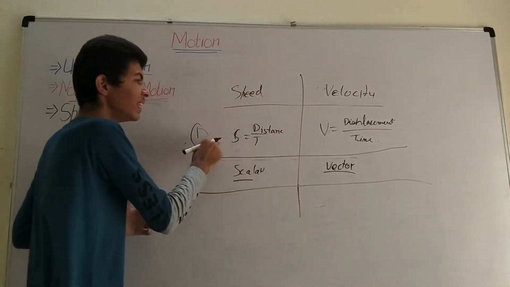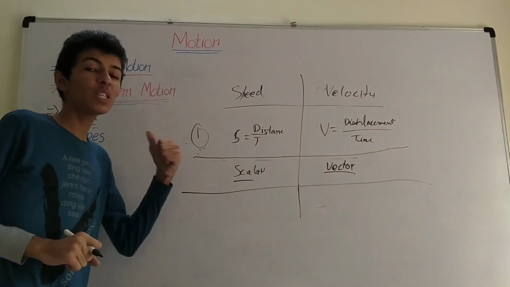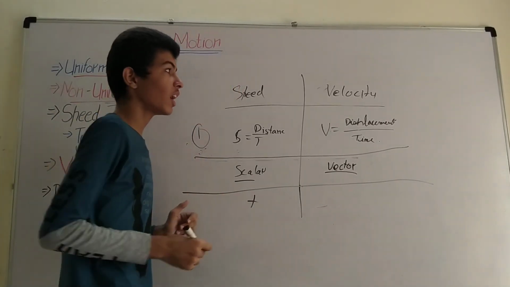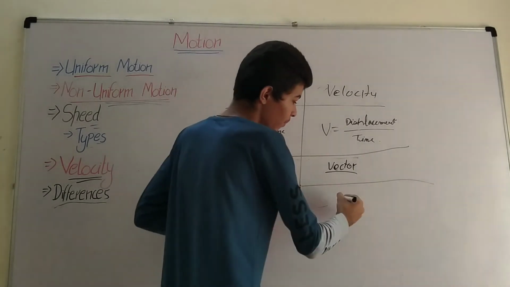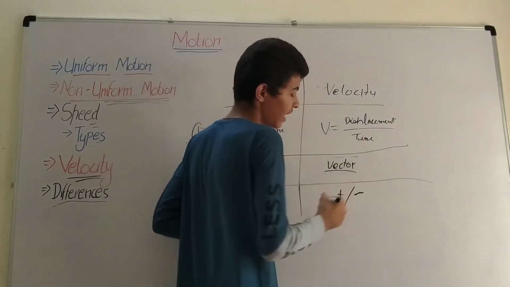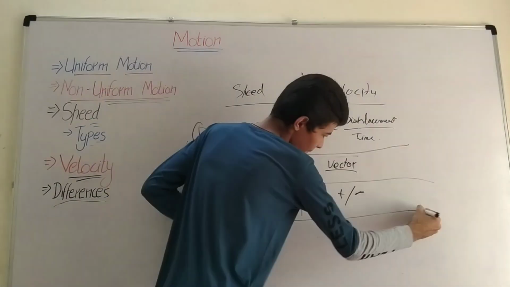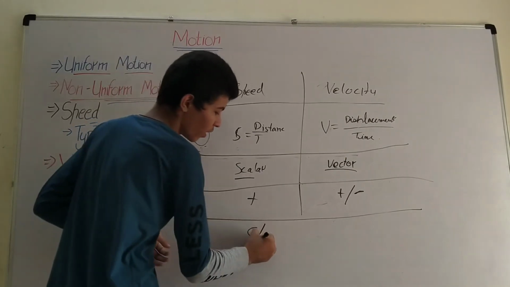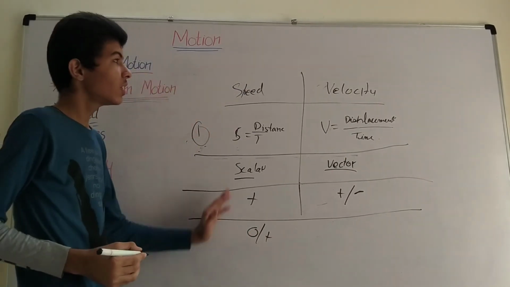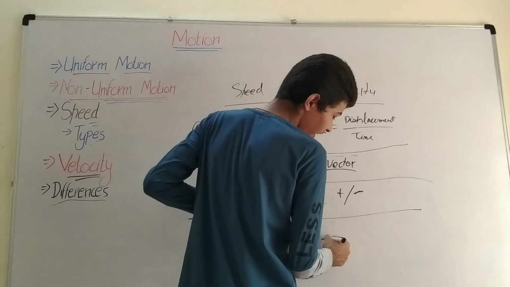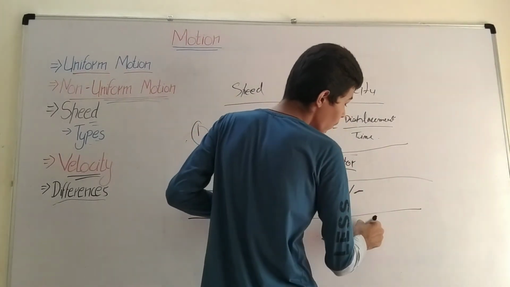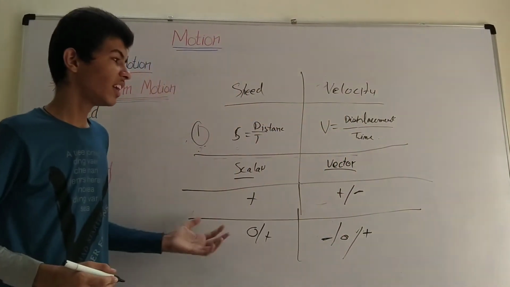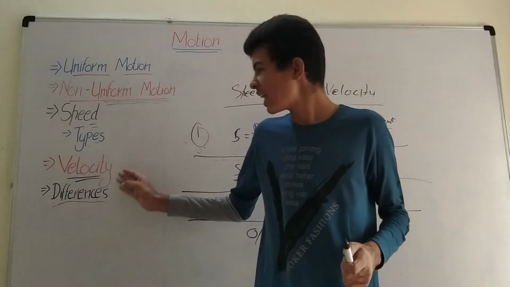We know that distance always remains positive, so speed would also remain positive because time can never be negative, but velocity could be positive as well as negative. Speed can be zero or positive only, but velocity can be negative, zero or positive. So these were all the differences between velocity and speed.